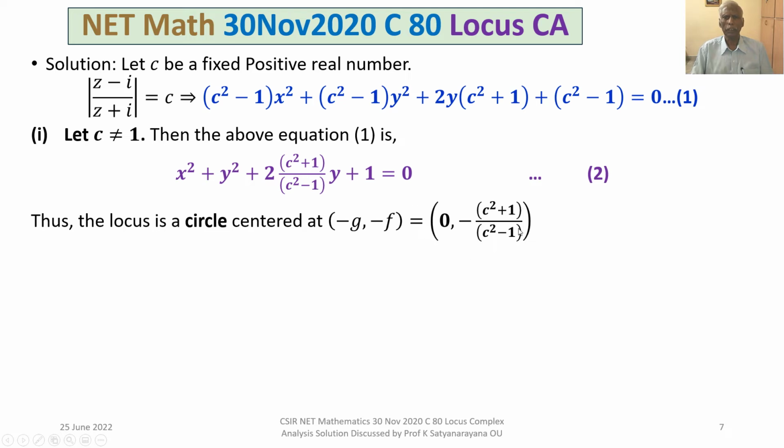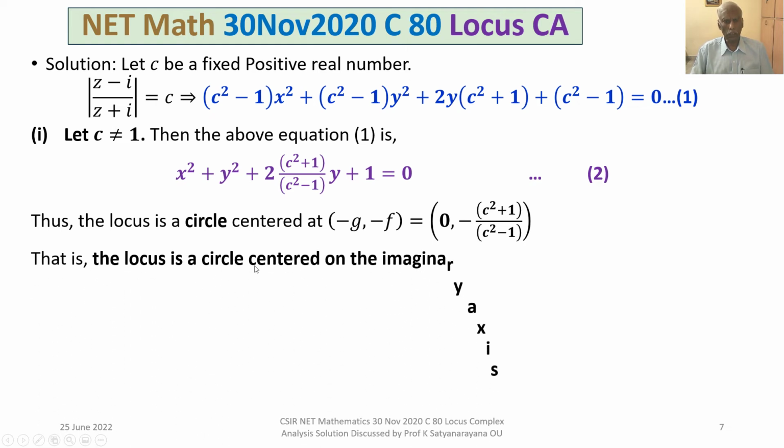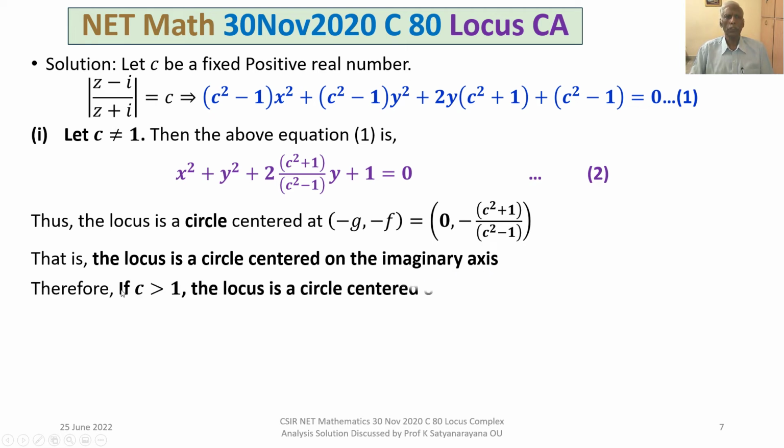And what is this? It is a point on the y-axis, that is, the imaginary axis. Therefore, the locus is a circle centered on the imaginary axis. If C is greater than 1, certainly C is not equal to 1, therefore this conclusion is valid: the locus is a circle centered on the imaginary axis.